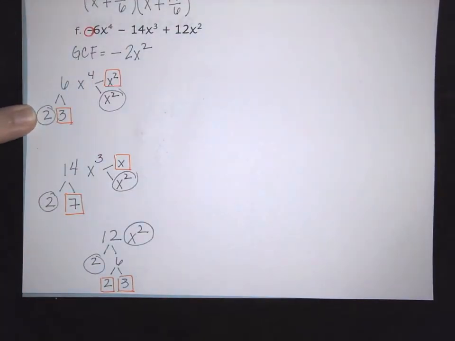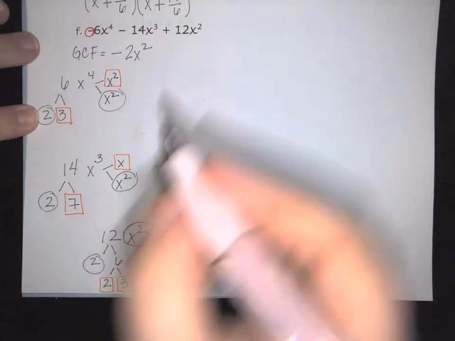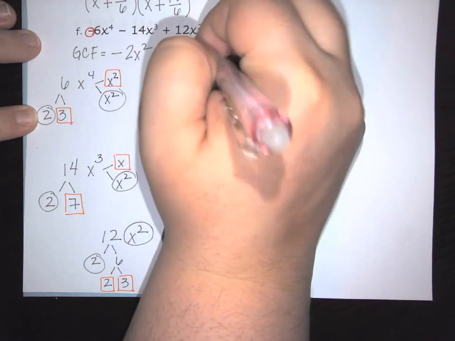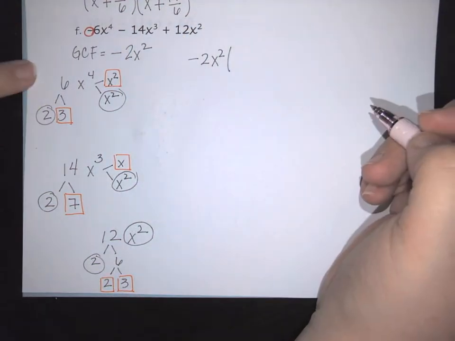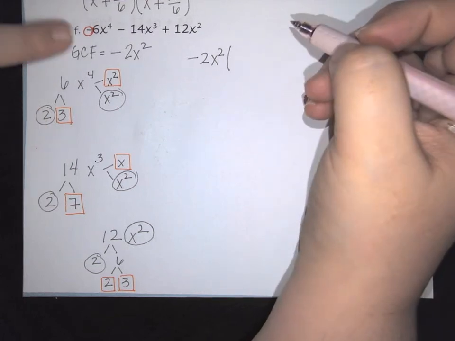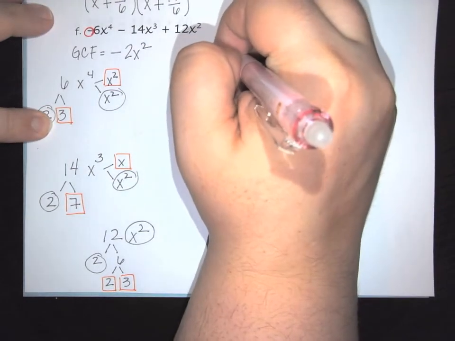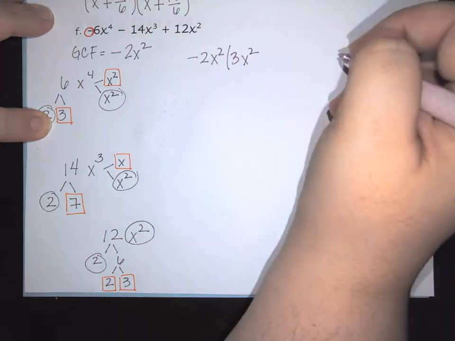The very first thing I have to do is pull that GCF out so that I can actually start working with my factors. So first and foremost, I'm going to pull it out. This is going to be negative 2x squared. What's left behind: for my first term, I've got a 3, so this is going to be 3x squared.